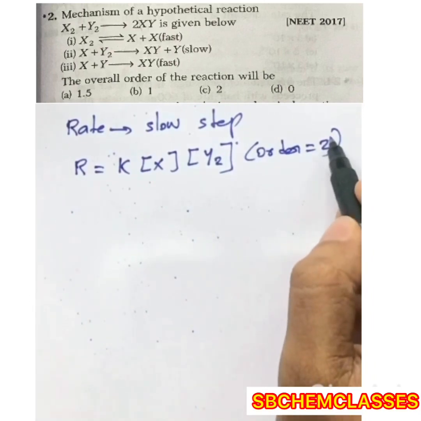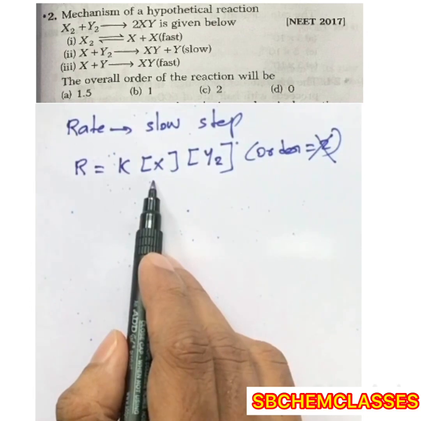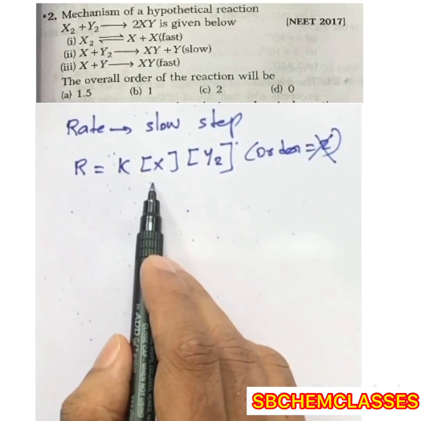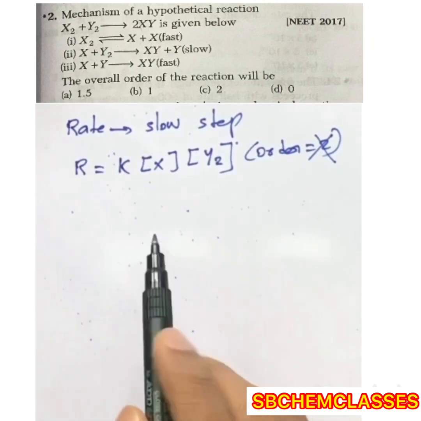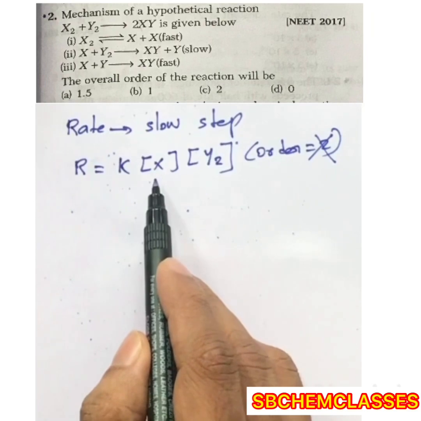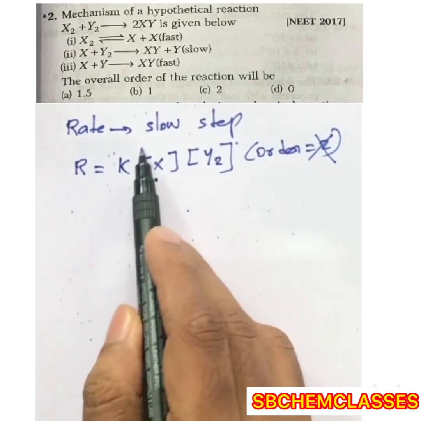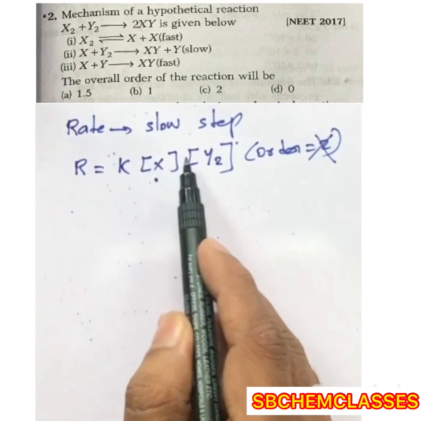But this is not correct because X is not a reactant, because the reactants are X2 and Y2. X is one of the intermediates. So the problem is that the rate equation involves an intermediate. So we should remove this factor because it is an intermediate.